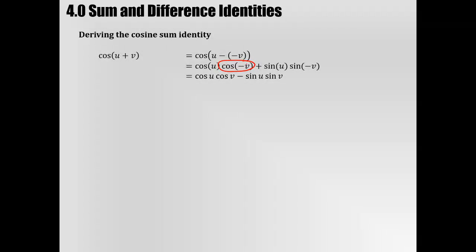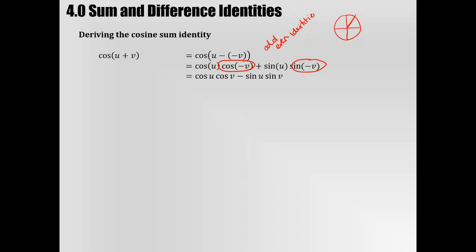And you might even just be able to think of the, what is it called? Unit circle. But here we can talk about the odd even identities, right? And cosine is an even function. So cosine of the negative angle is going to be equivalent to cosine of the positive angle. And so that's why we were able to go right there. You can also think about it in terms of the unit circle.